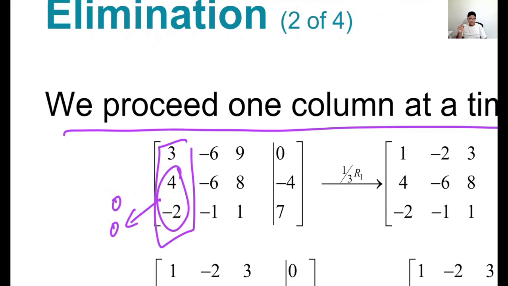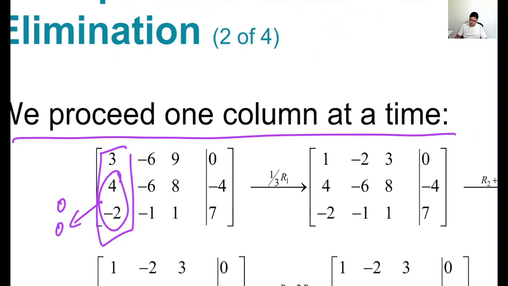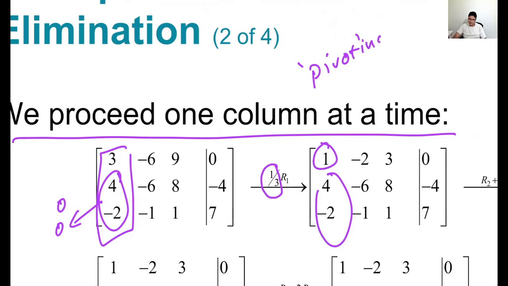Again, when I'm solving problems later, I might do it a little differently, and I'll explain when I do that and what I'm doing. Here, in the book, in these slides, what they have done is you always make sure that the diagonal element is 1. The word used in the literature is called pivoting. Not just that, making that 1 and making the remaining elements 0 in that column is called pivoting. One part of pivoting is making this element 1.